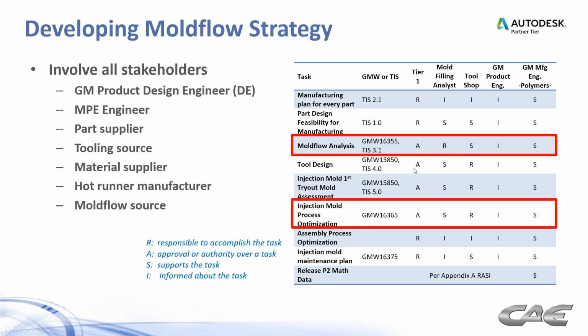The tier one is going to have approval for the final setup. And then when we talk about the T1 tryout process, the mold filling analyst is going to support that. The tool shop's going to be responsible. Tier one is going to have the approval or authority over the task, and the GM is going to support and be informed about it.